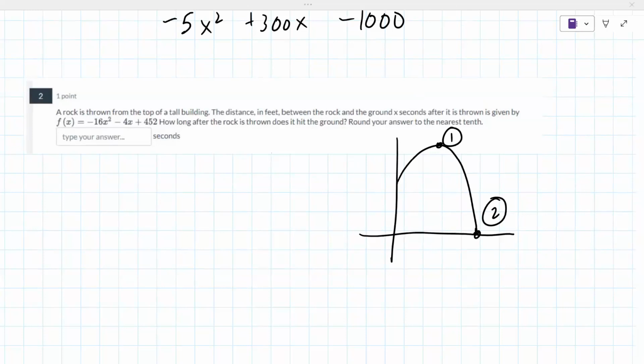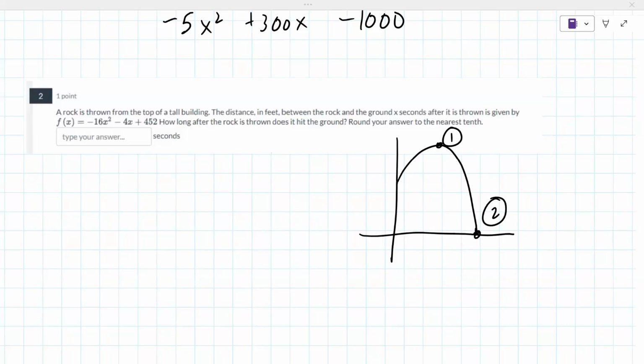I will also graph this. I don't know if this works out nicely or not. It does not. So the alternative, if you didn't have the ability to graph it, is you would use the quadratic formula.